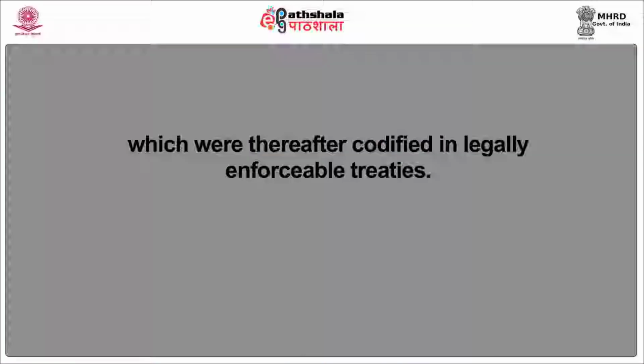The UDHR gave recognition to a range of economic, social and cultural rights, also known as the ECSRs, which were thereafter codified in legally enforceable treaties.